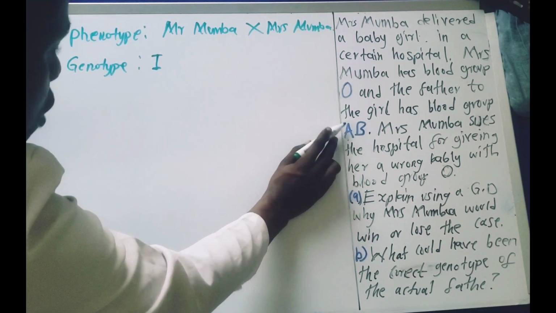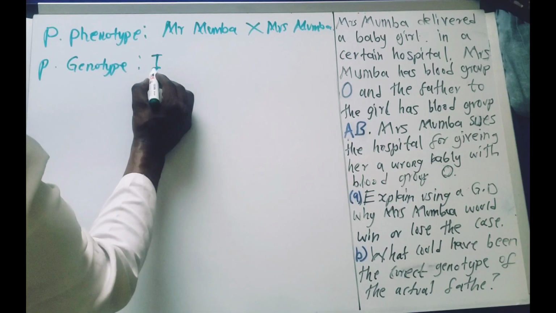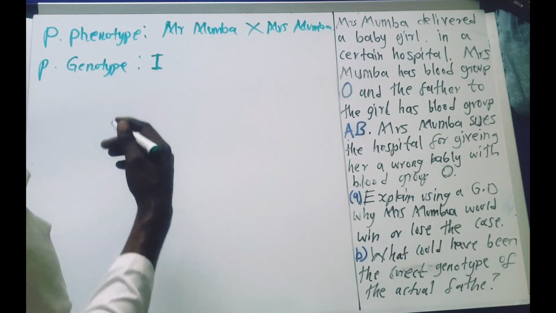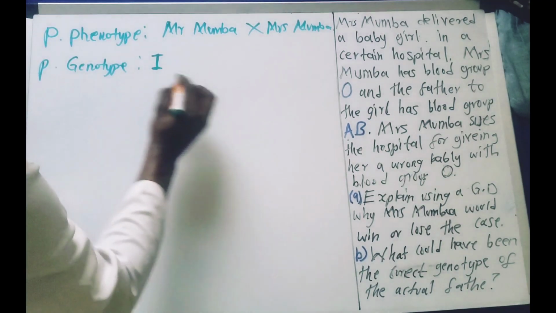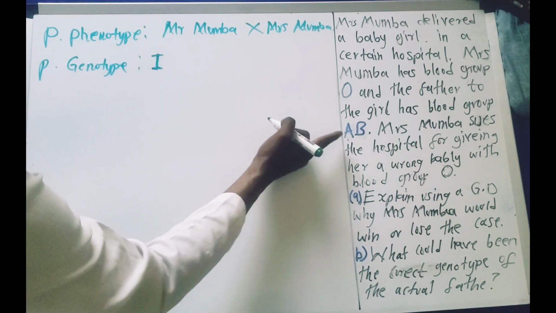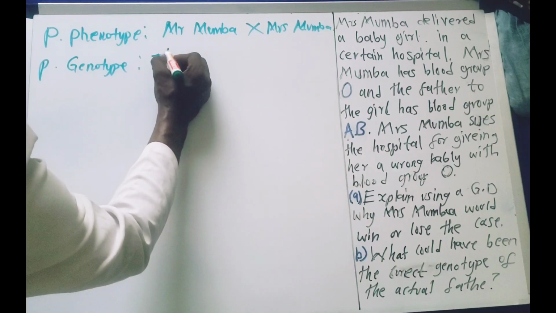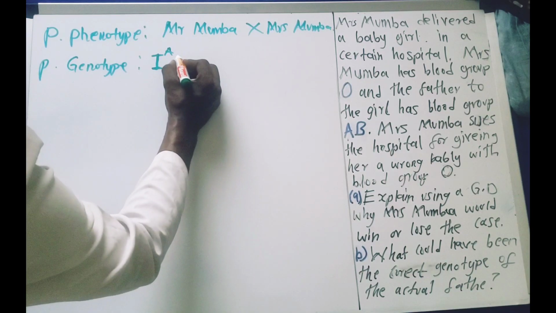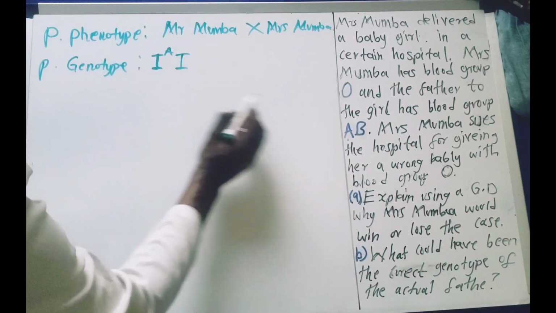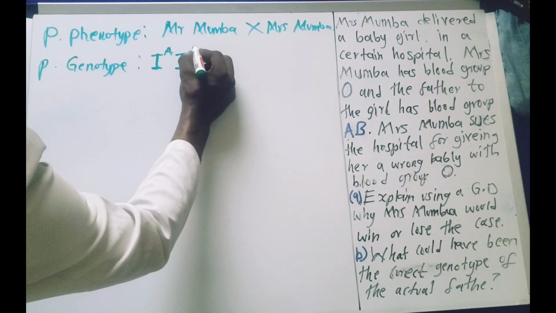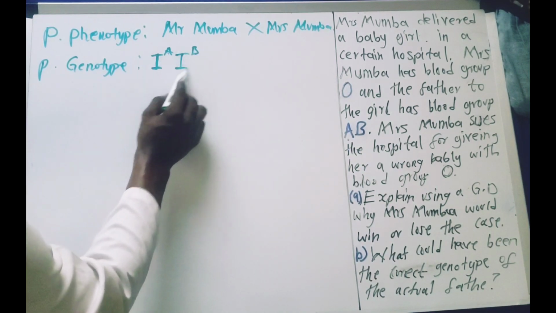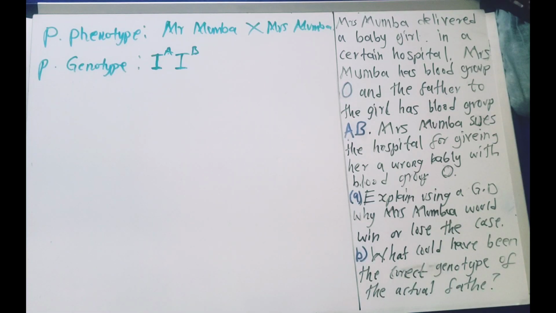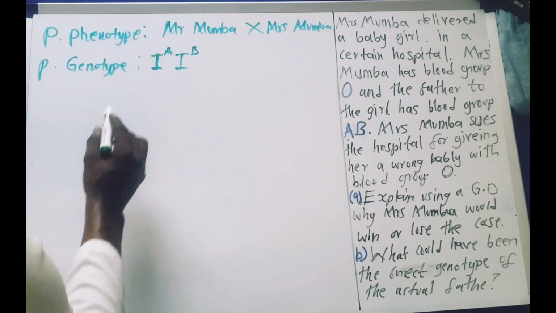Since this is blood group AB, the A and B become powers, so it's going to be I. I symbolizes the chromosome of the blood group, every time. So we have I with A here, then another I where we put B. These are the ones we use to symbolize the chromosomes.